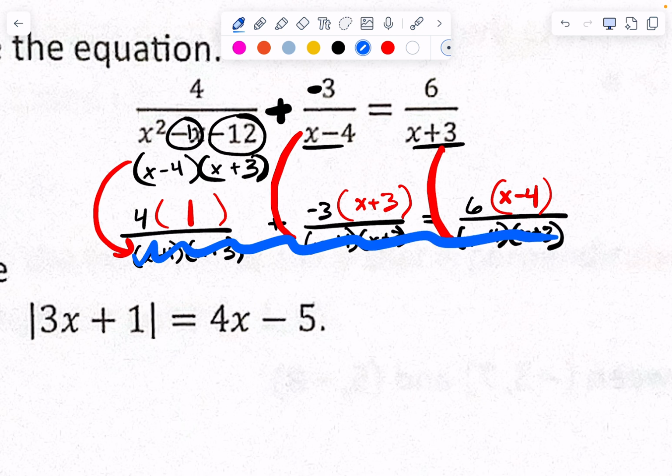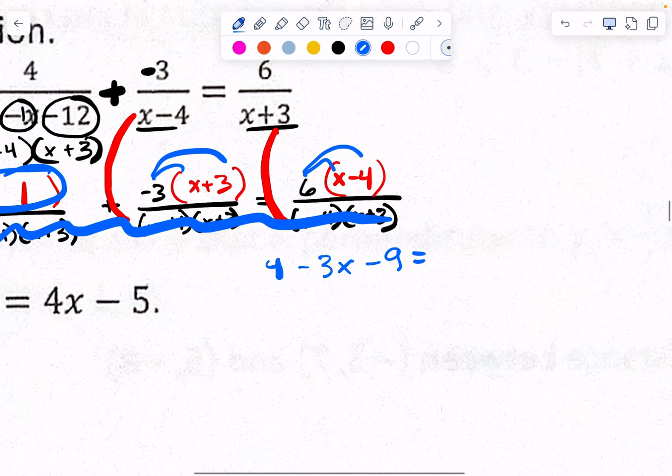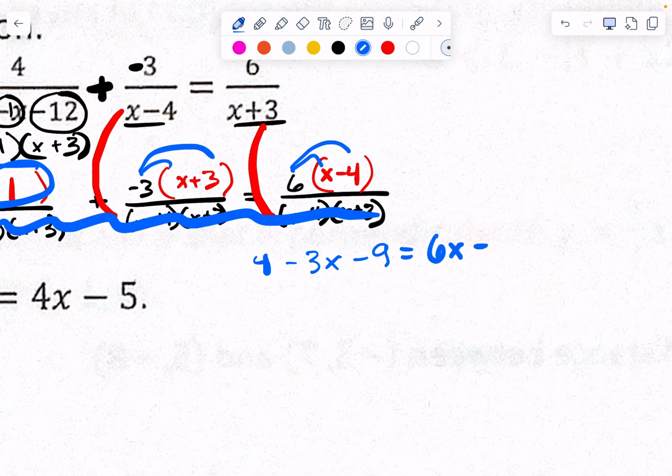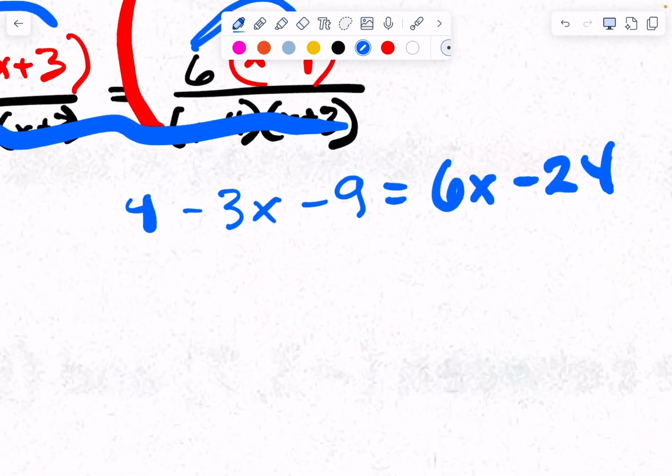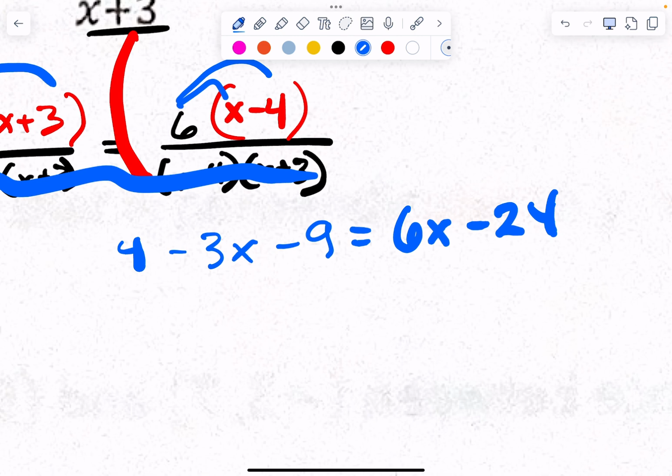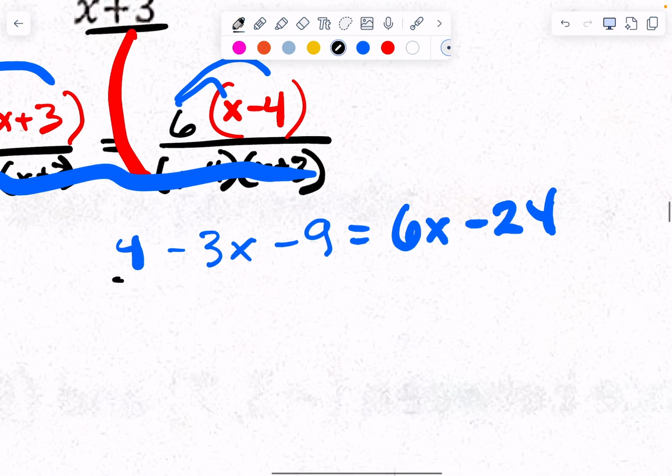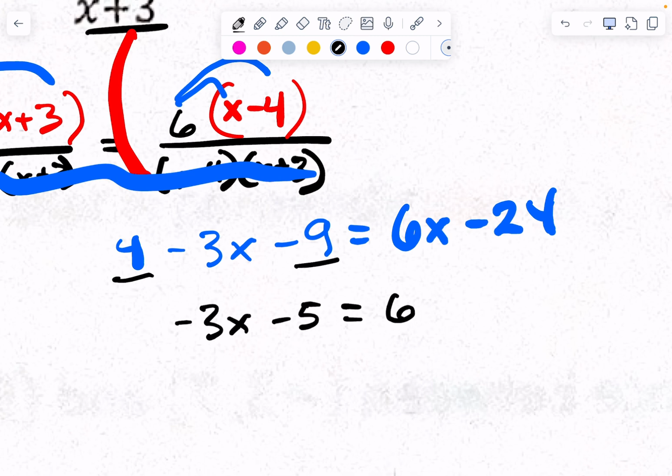Okay, and then I'm just going to write what I have. So here I have 4. Here, if I distribute my 3 through, I've got minus 3x minus 9, equals, if I distribute my 6 through, 6x minus 24. Okay, this answer might be kind of ugly. If I put the 4 and the negative 9 together, that's negative 3x minus 5 equals 6x minus 24.